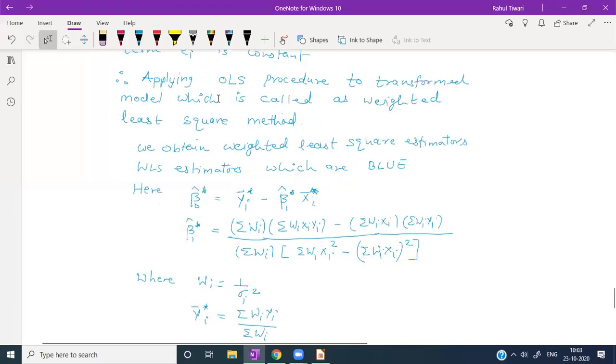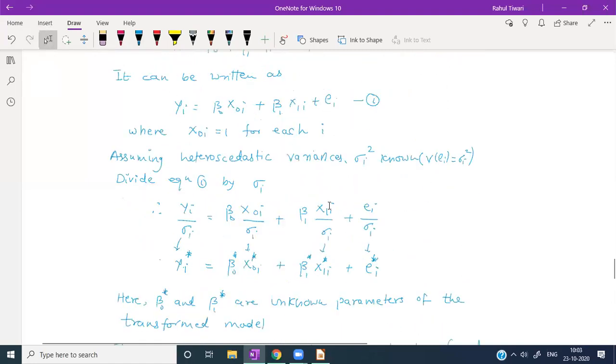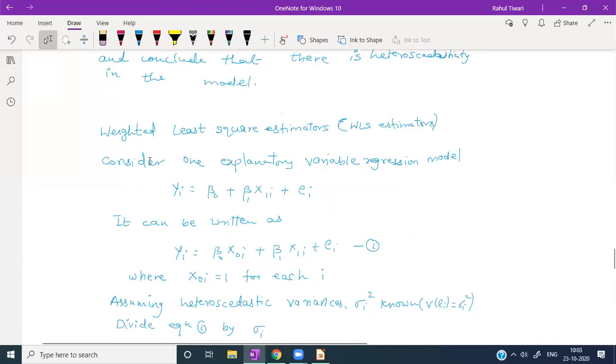So you can read from here, from weighted least square. Tell me if you have any query related to this model. Go through it once again, take your time.